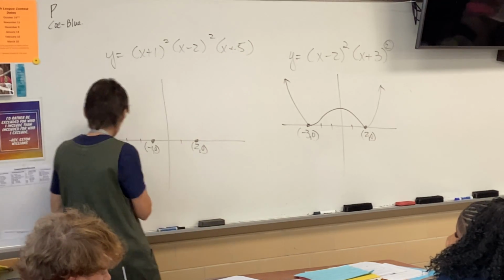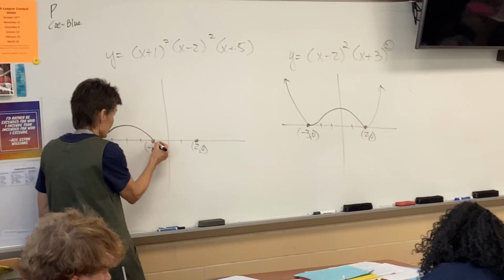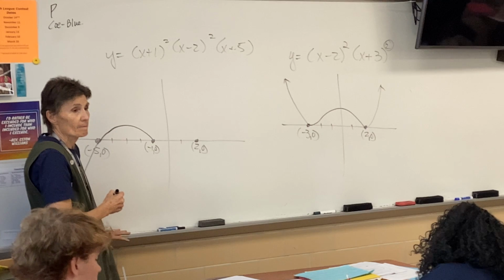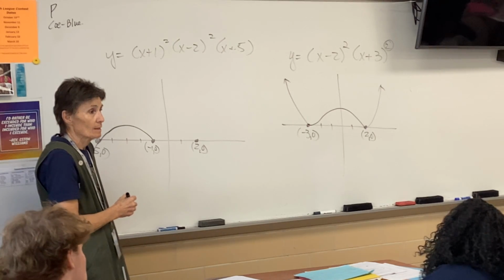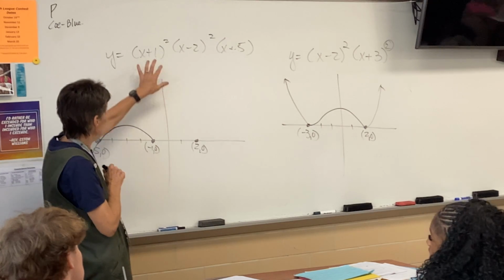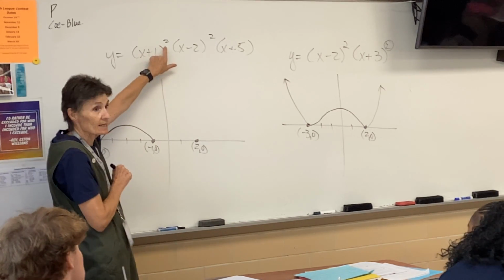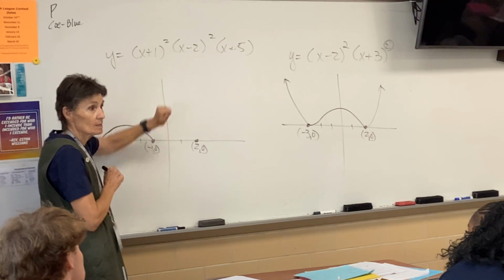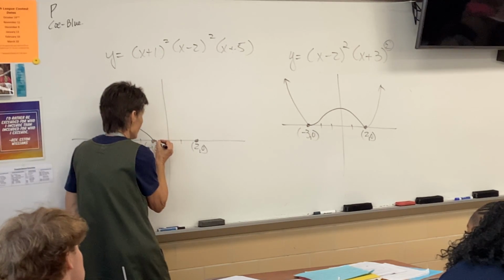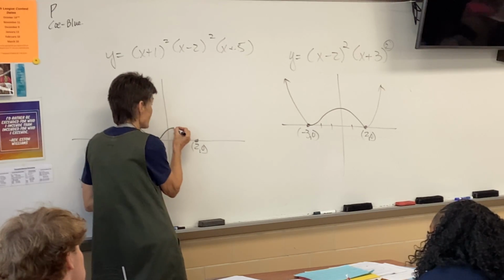So that means I'm going to go through and connect. Now I hit -1. -1 came from here. That has a square. So I'm going to bounce off. And of course connect.